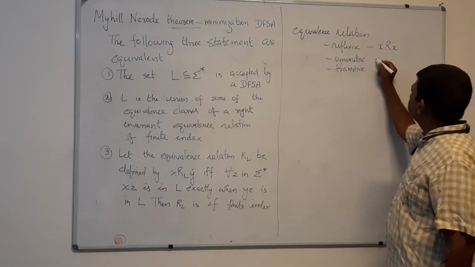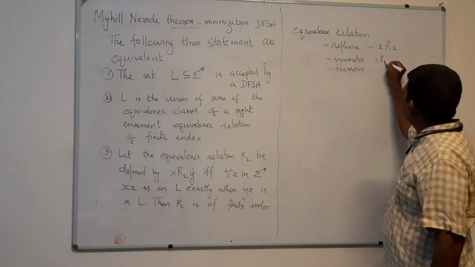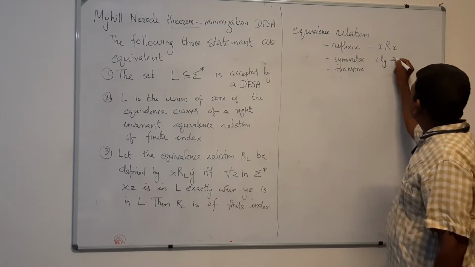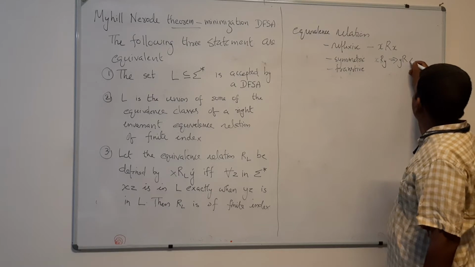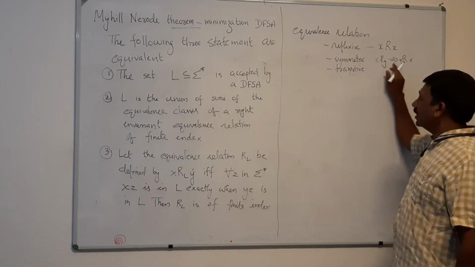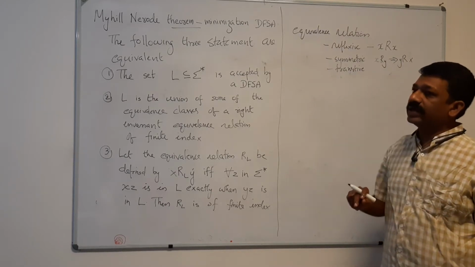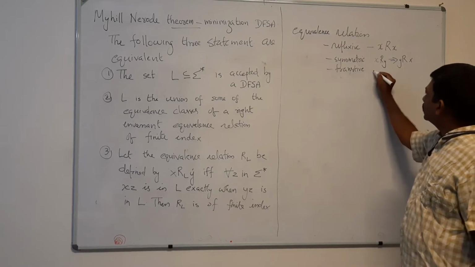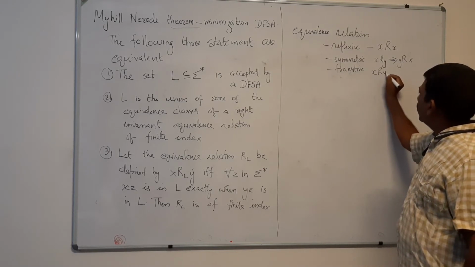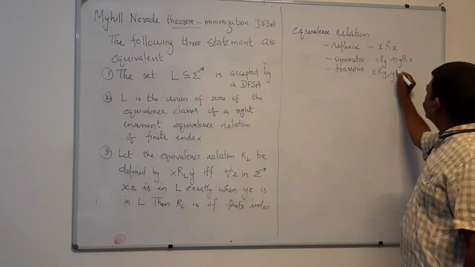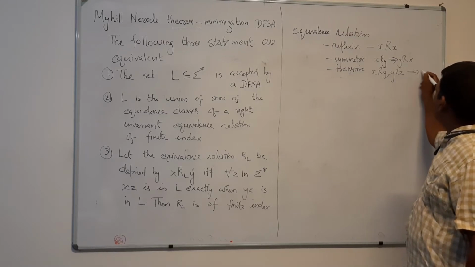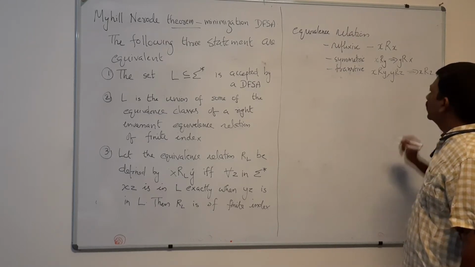Symmetric relation means if x is related to y, then y is related to x. And a transitive relation is: x related to y and y related to z implies x is related to z.